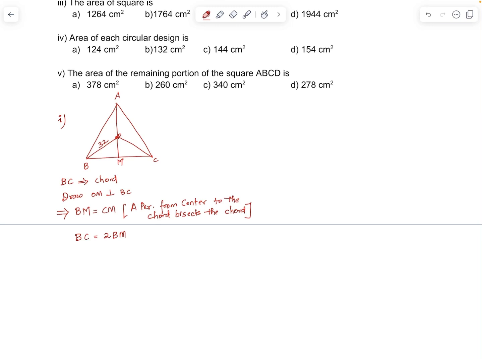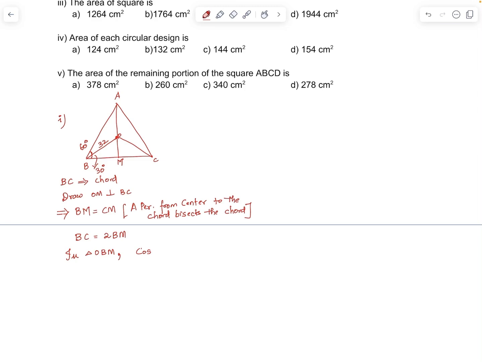Here we have to calculate the side of the triangle. Let's check the triangle OBM. ABC is an equilateral triangle, so the angle at B is 60 degree. OB bisects the angle 60 degree such that this angle OBM is 30 degree.